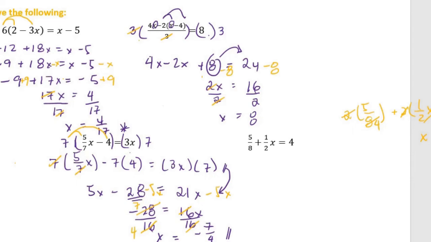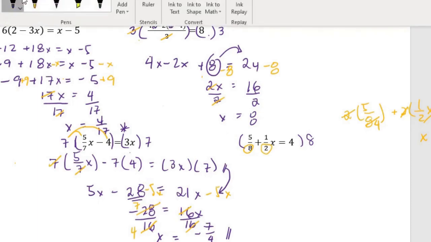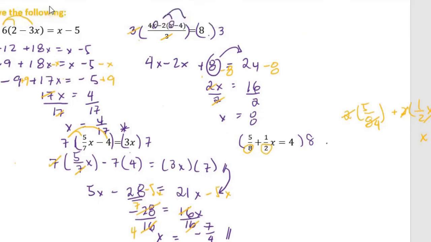So that's not quite going to work. So rather than multiplying both sides by 2, what happens if I multiply both sides by 8? Left side and right side. Or I could simply write this as the entire equation being multiplied by 8. So you'll see that as well.